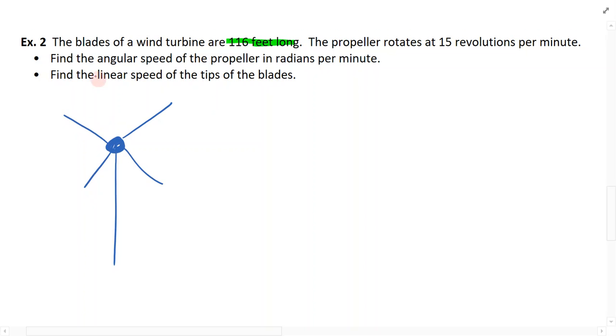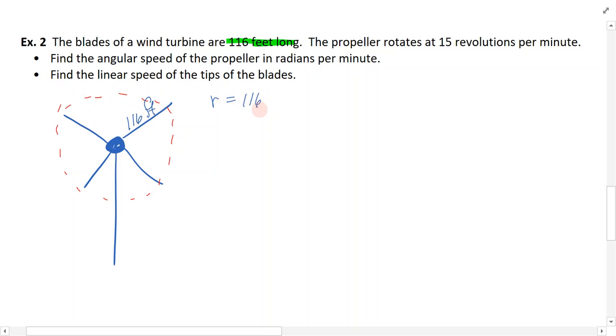We know that these blades are going to rotate around in somewhat of a circle here. We also know that the length of that blade is 116 feet long. So that right there becomes the radius.